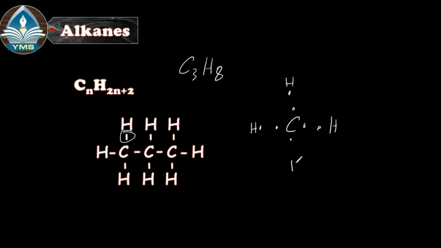Now the carbon has 1, 2, 3, 4, 5, 6, 7, 8 electrons, and we make a line between these electrons to mean this is a bond, but every bond means 2 electrons. This is just background, so we can work with this information in our mind.